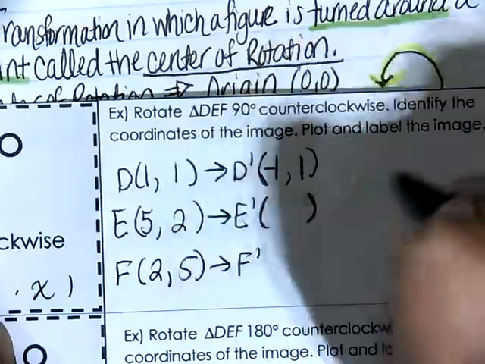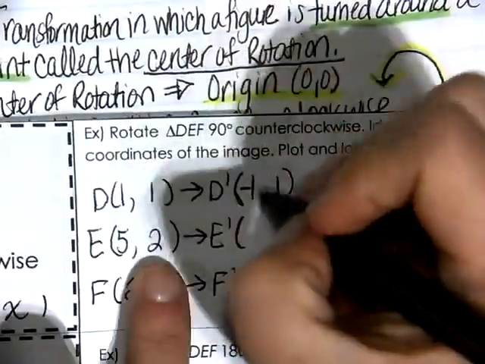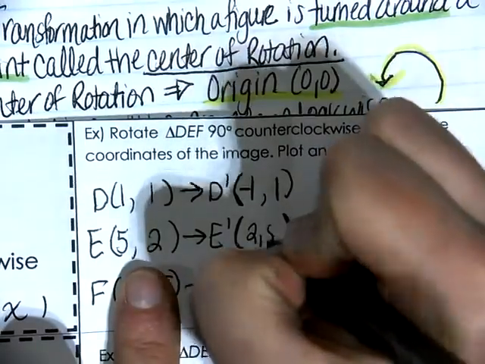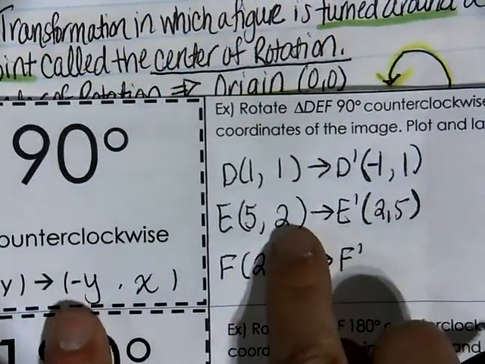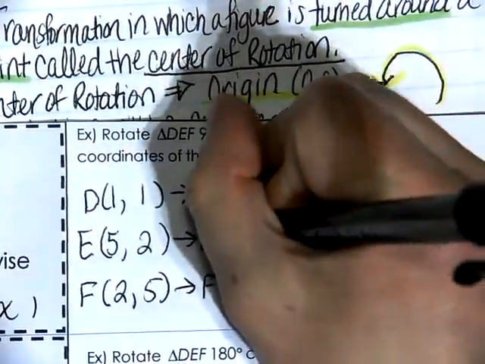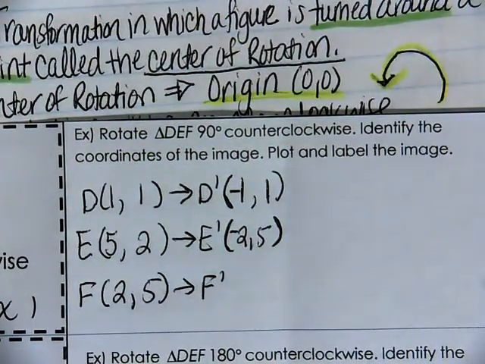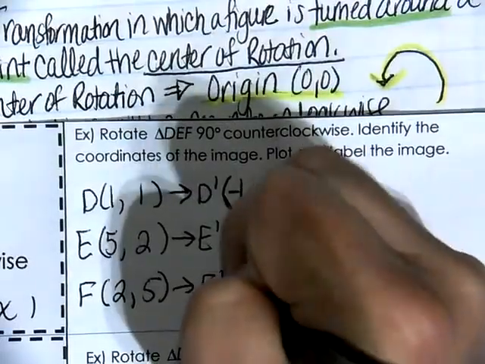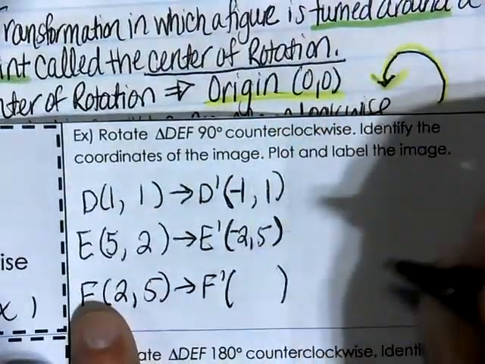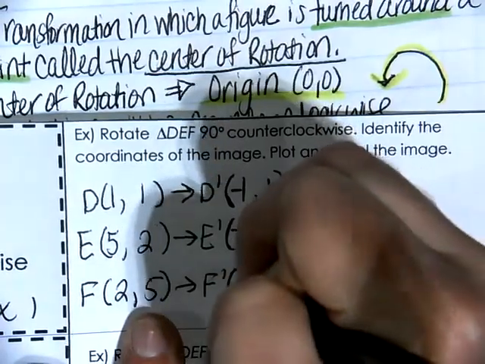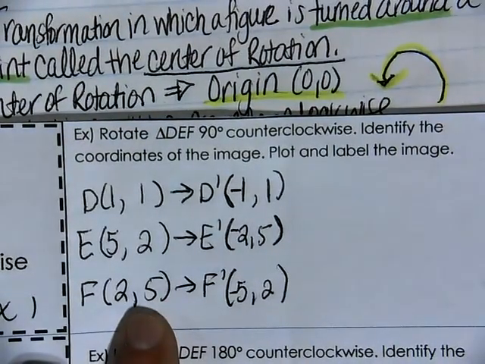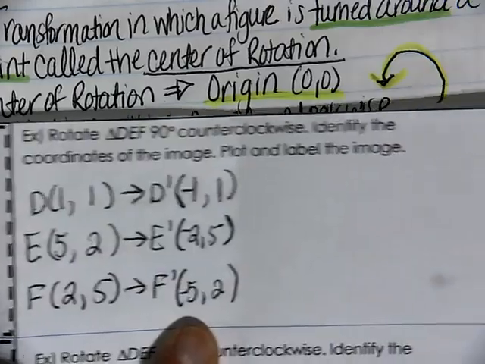E prime is where I switch my x and y values. So I will switch 5 and 2, so it becomes 2 and 5. But my y value of 2 will become the opposite sign, so it'll be -2. F prime, I'm going to switch x and y, so it becomes 5, 2, but my y coordinate is going to have the opposite sign.